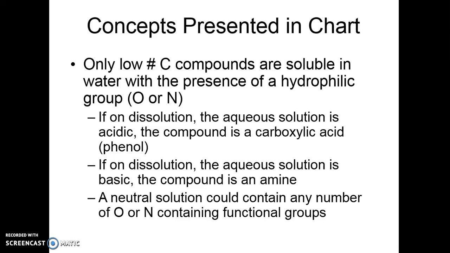If it's basic, then you know you have an amine. If it's neutral, it could be any number of functional groups that are neutral: alcohols, aldehydes, ketones, etc. So there's a huge number out there that neutral solutions can occur from.